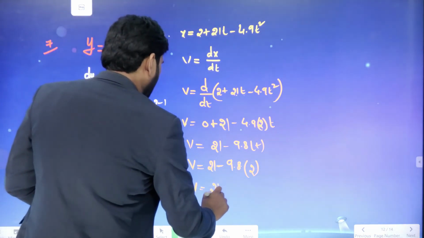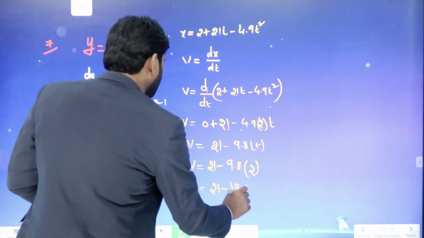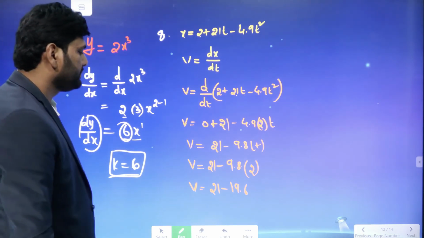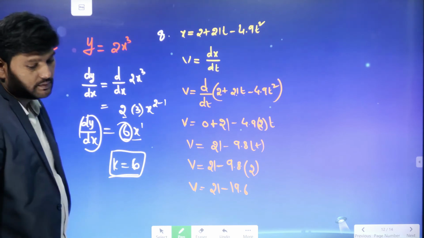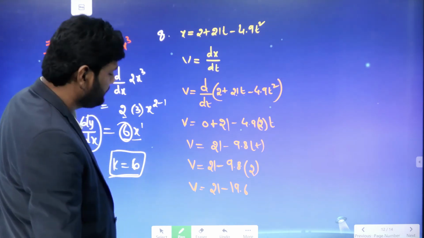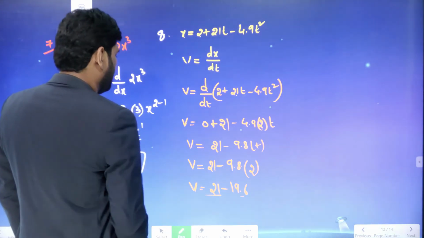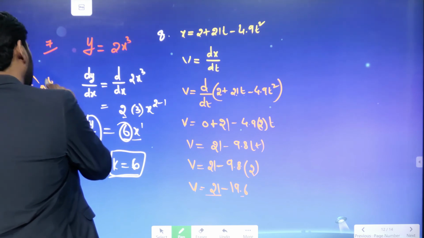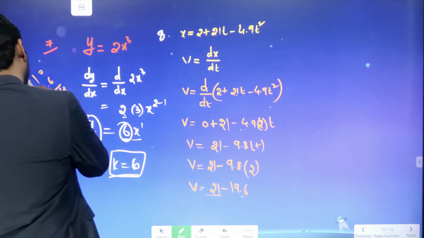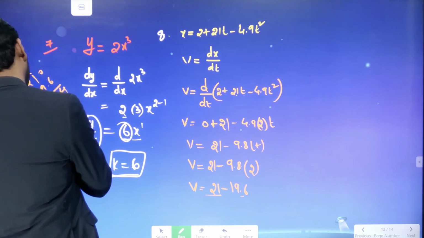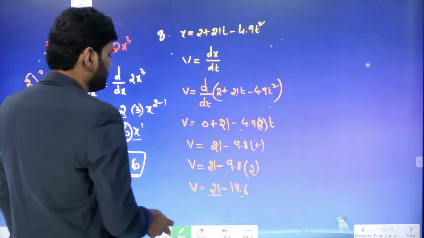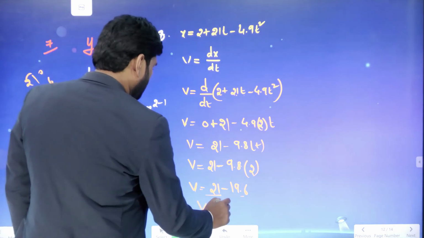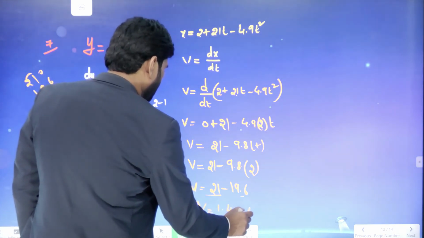So that is 21 minus 19.6. Now subtract 21 minus 19.6. So here how much? 1.4. The v value we get is 1.4 meter per second. This is your answer.